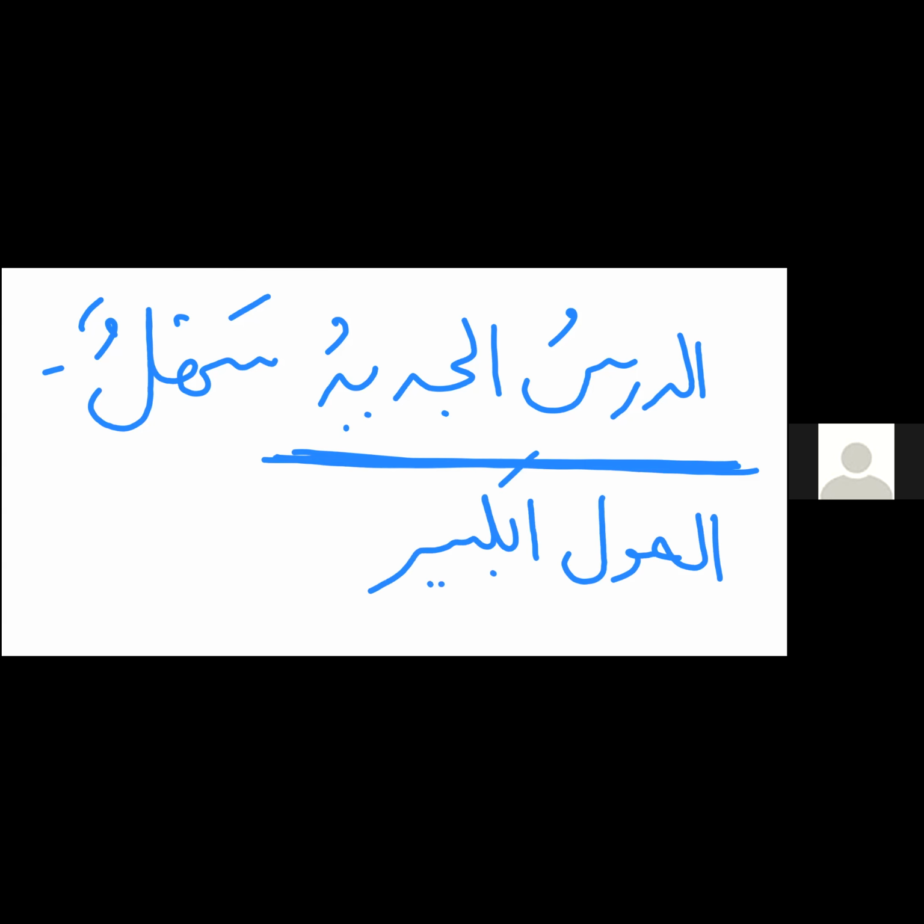Try to make it a little slow so you can make it perfect. المول الكبير مفتوح. تمام. You are putting لام ألف لام on both of them. المول الكبير مفتوح. تمام.